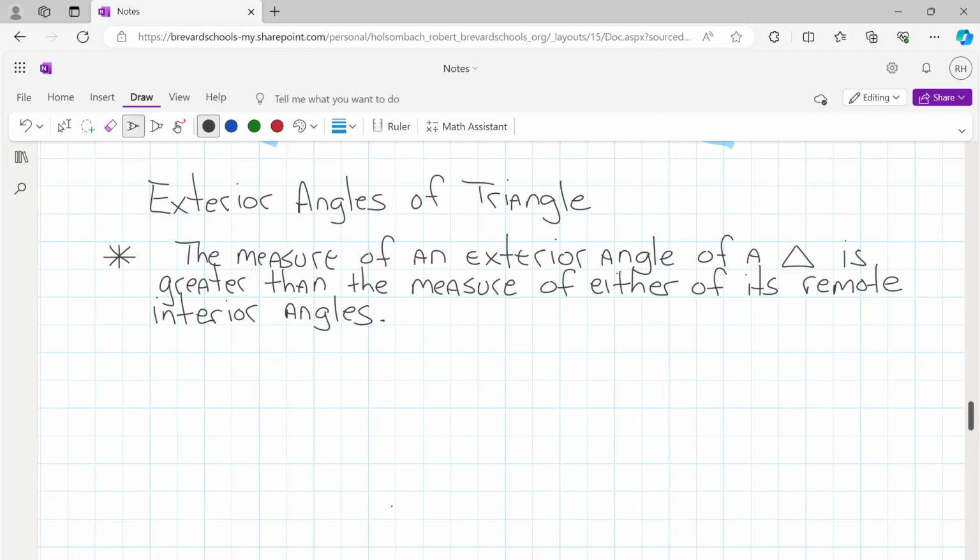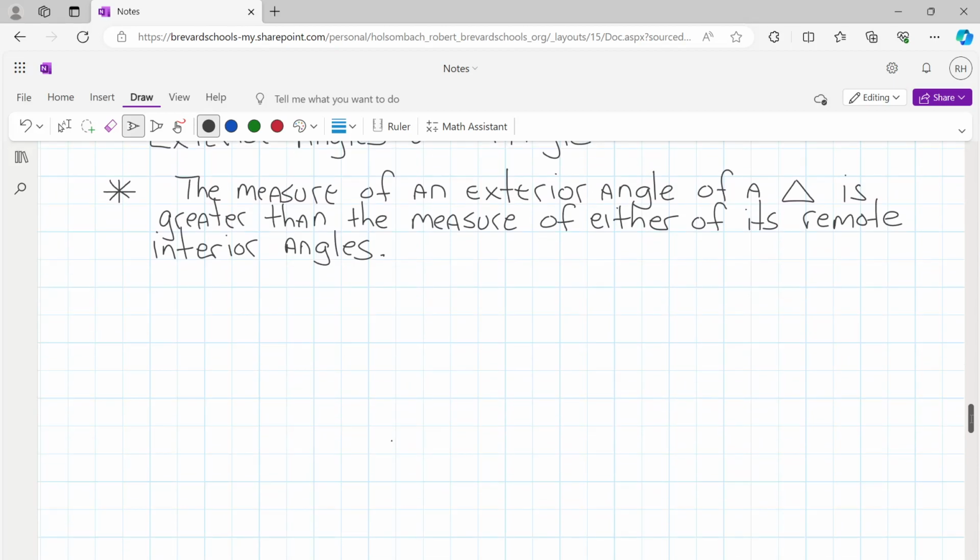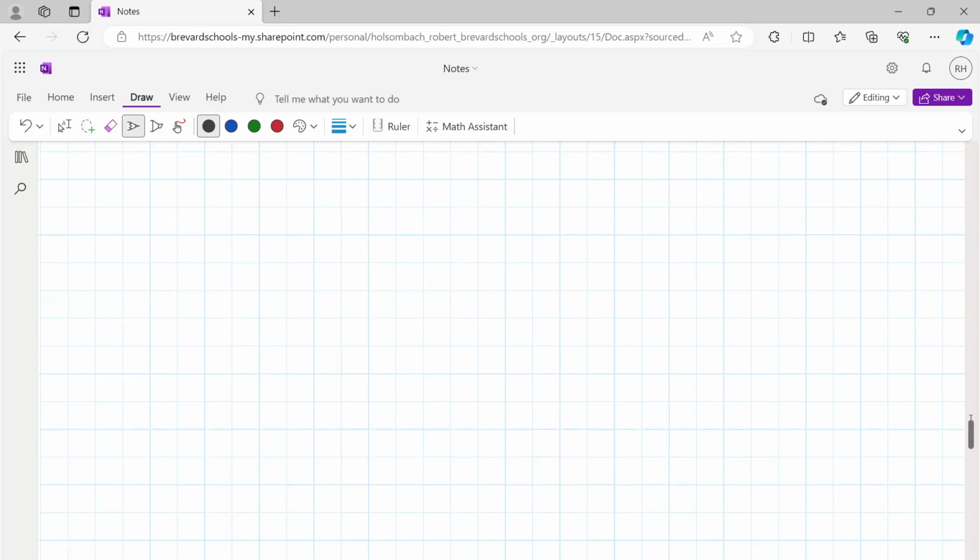And we talked about this earlier in the year in regard to finding the measure of an exterior angle.